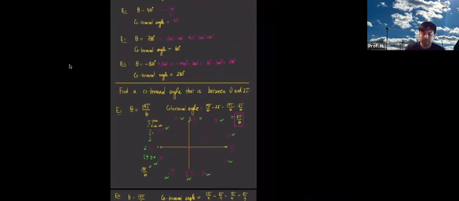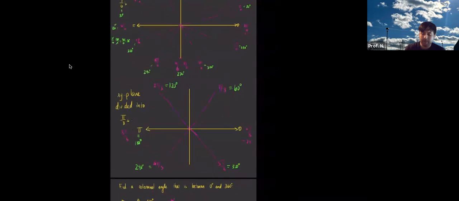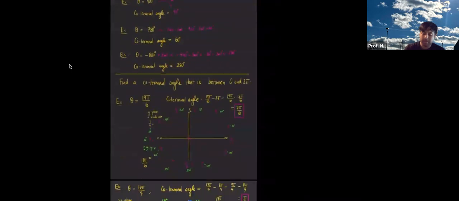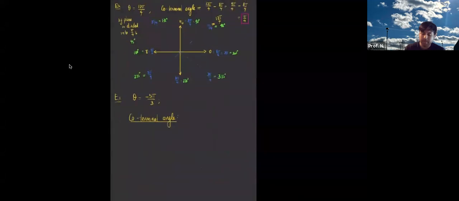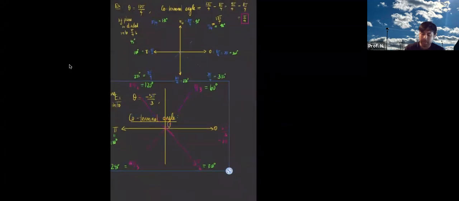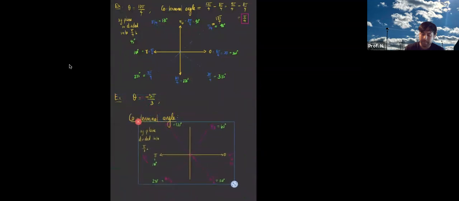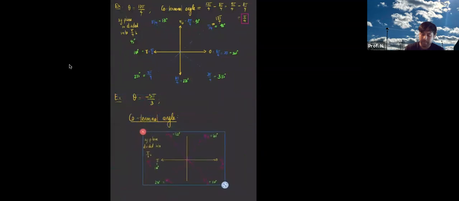Again, I would suggest using the pi over 3 little diagram that we had. But first, we should try to figure out where is negative 5 pi over 3. What quadrant is negative 5 pi over 3 in?